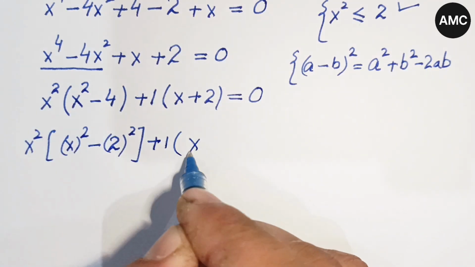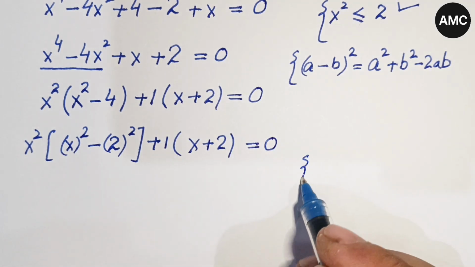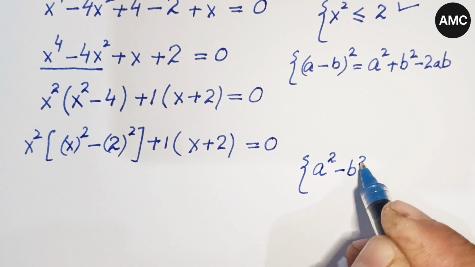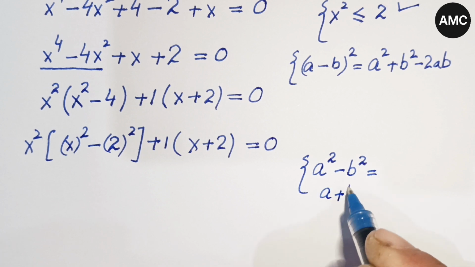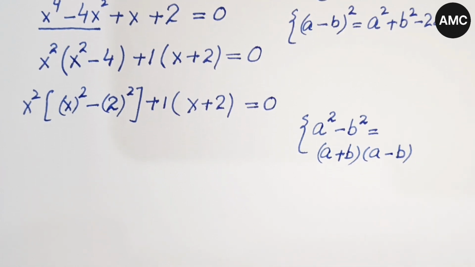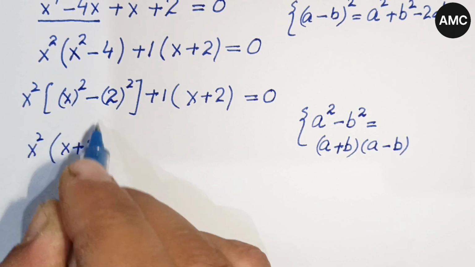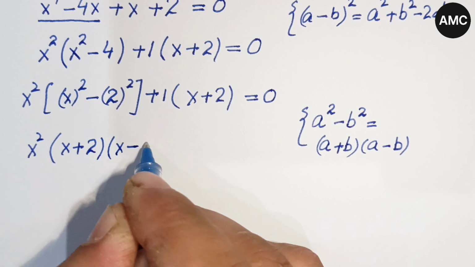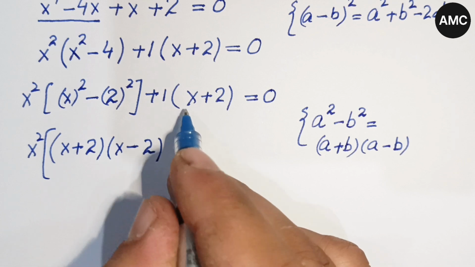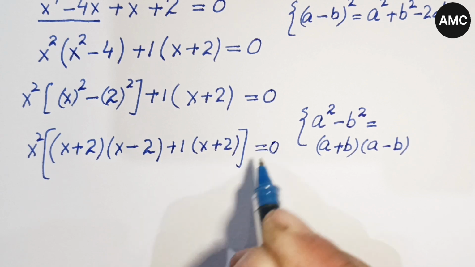By the algebraic identity, a squared minus b squared is equal to a plus b times a minus b. So our next step is x squared times x plus 2 times x minus 2, plus 1 times x plus 2 is equal to 0.